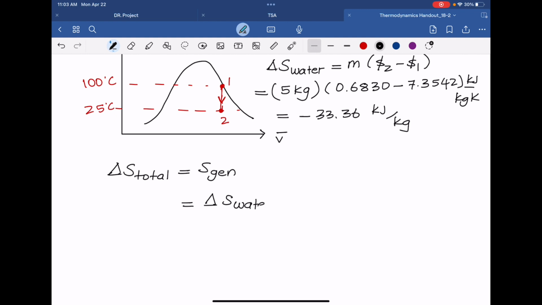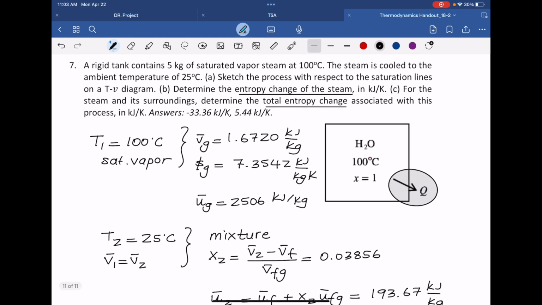We have water and we also have surroundings. We found the water's entropy change because we know how a pure substance's entropy change can be found by looking at the tables. But when it comes to the surrounding, let's take a look at it.